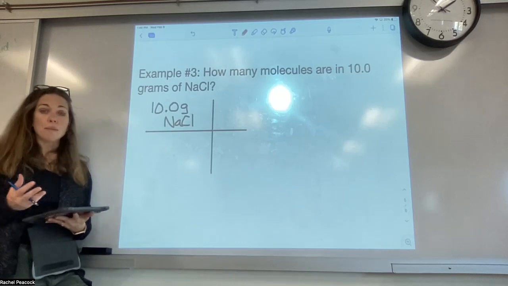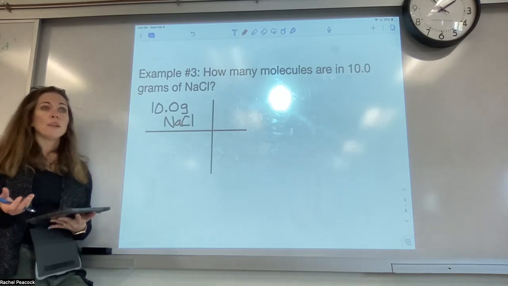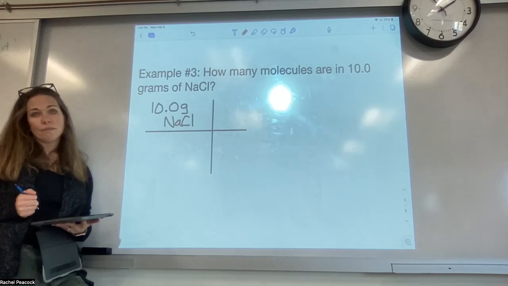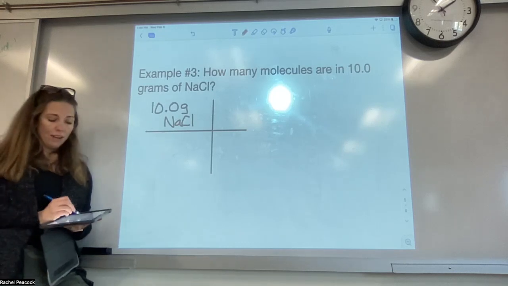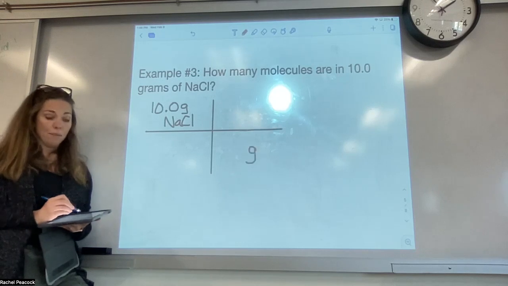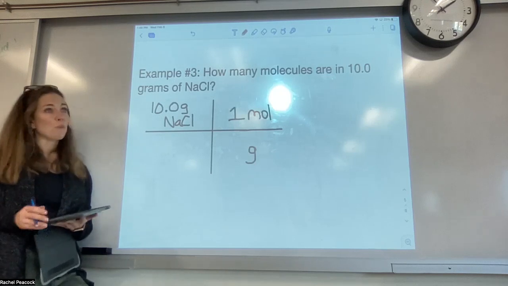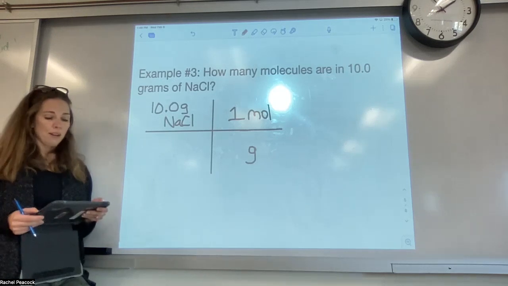Similar to the time problem, what do you know to connect grams to? Molar mass, right? Through molar mass, you know how to connect grams to moles. You can use the periodic table to find out how much 1 mole of sodium chloride weighs.